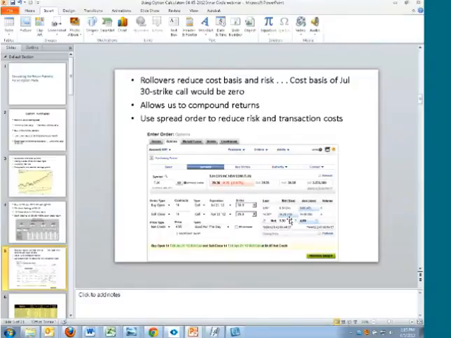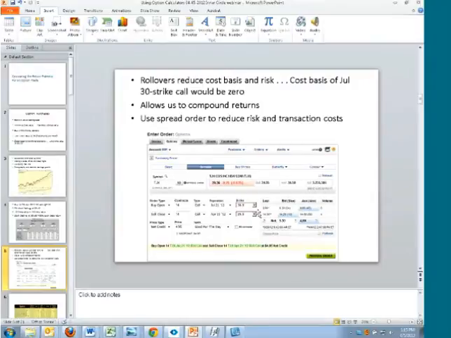So if you're closing out the April 25 at 14.40, and you're buying the 30 strike option at 9.45, then you'll have zero cost basis for this July 30 strike purchase. So that's an example of how it reduces the cost and your risk.